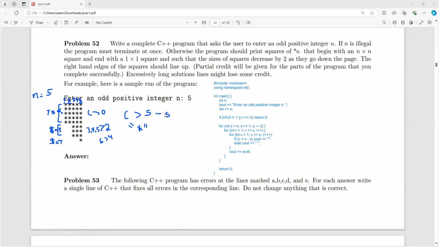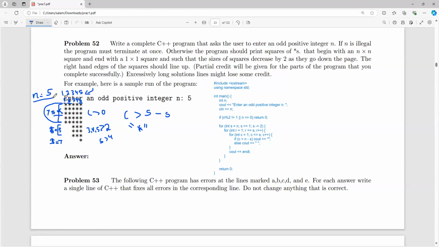Yes, so if you look at the first square, it prints stars in columns 1, 2, 3, 4, and 5. So all 5 of the columns, it prints a star, right? So we want to find a way to compare these column numbers somehow to s.